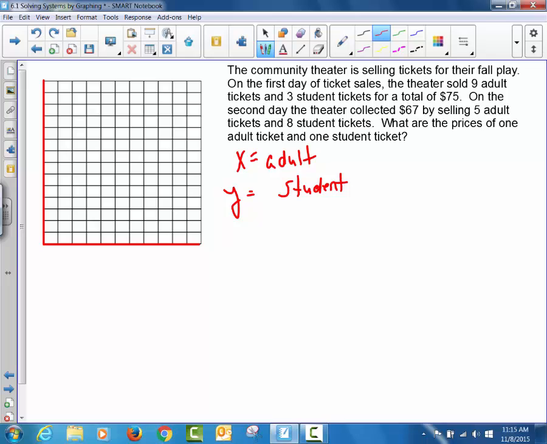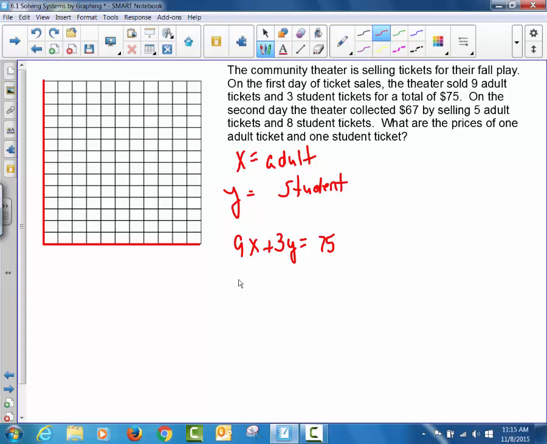The theater sold 9 adult tickets. So if you want to know how much money you raised, then you go 9 times the number of adult tickets, and the number of adult tickets is what we don't know, plus we sold 3 student tickets. And how much money did we raise? We raised $75, so we write 75 there.